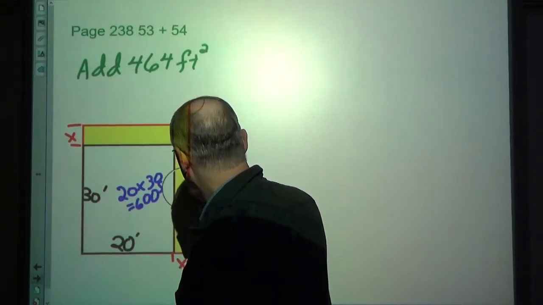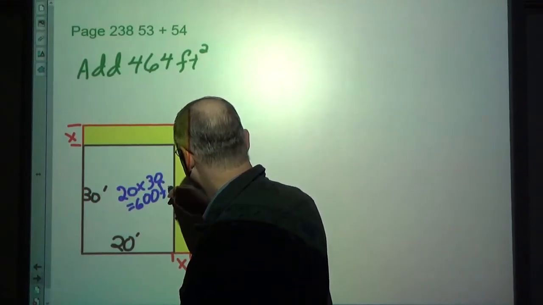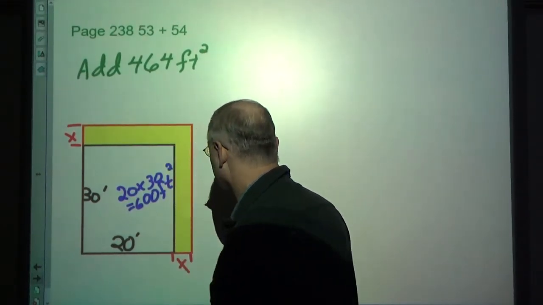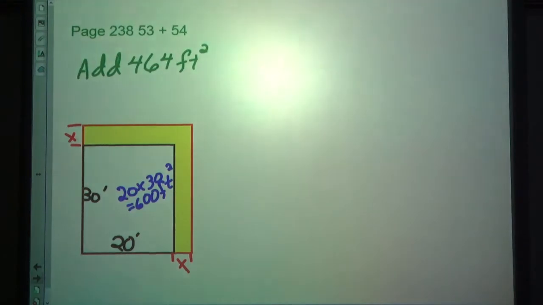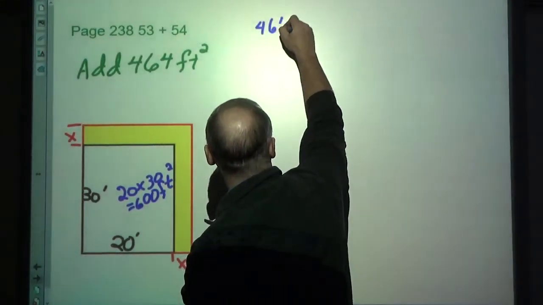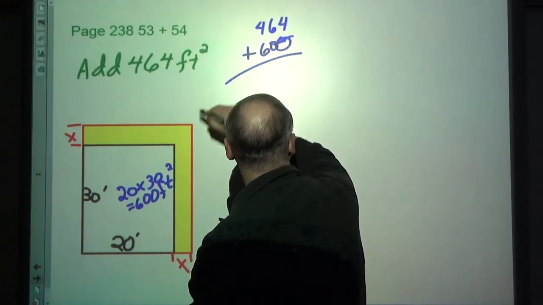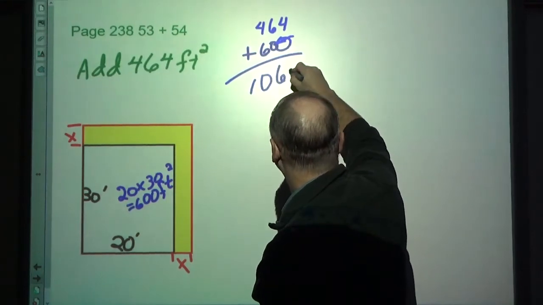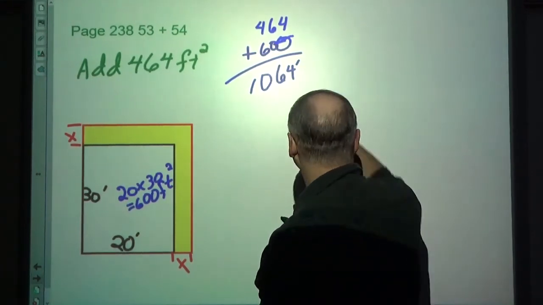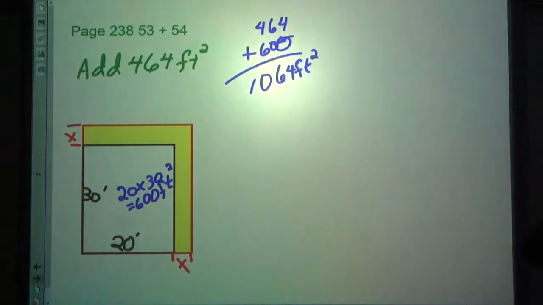Let me fix that. Feet squared. So that's the original amount, and we're adding 464 feet. So if I say 464 plus 600, that's going to be 1,064 square feet. All right. So how does that help us?